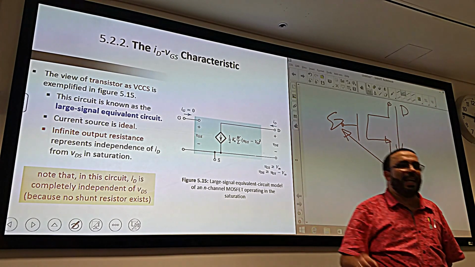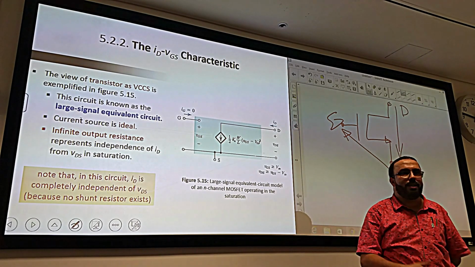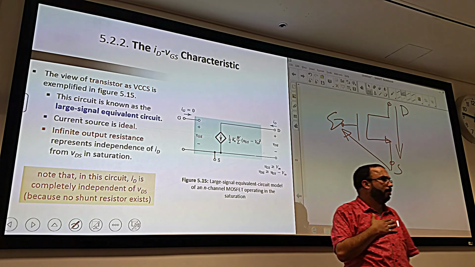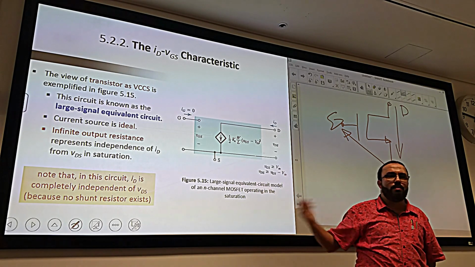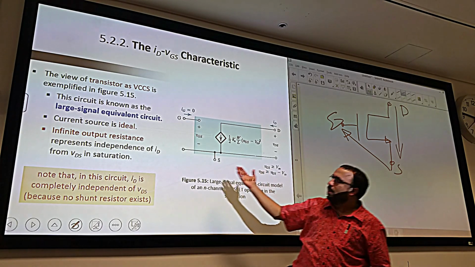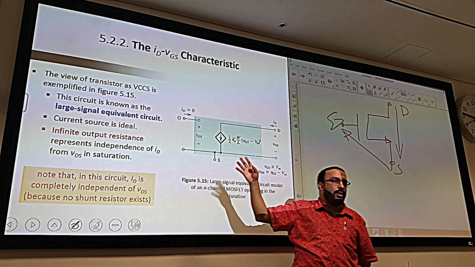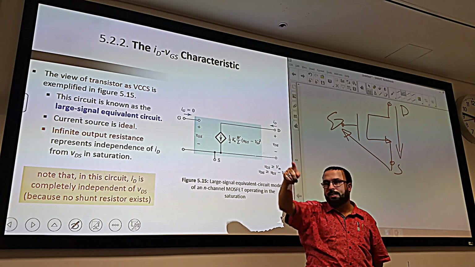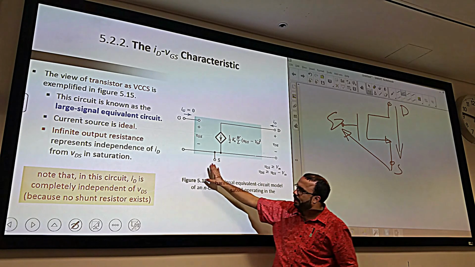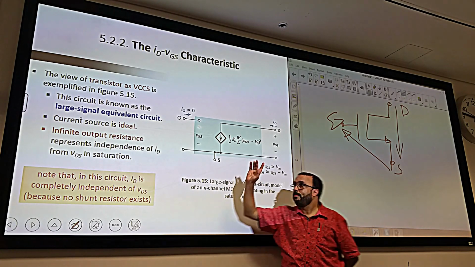The model just describes the device; it tells you how the device works. We know this model works when the device is in saturation. And there is no connection between the gate and the other terminals because there is an insulator, which is the oxide. Okay, we are done.